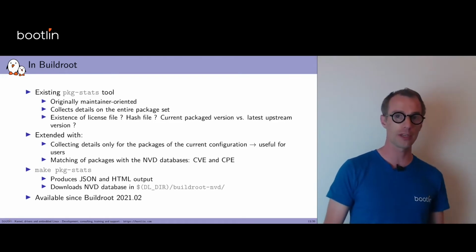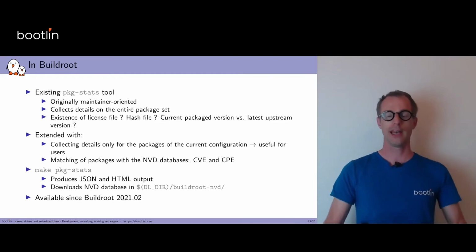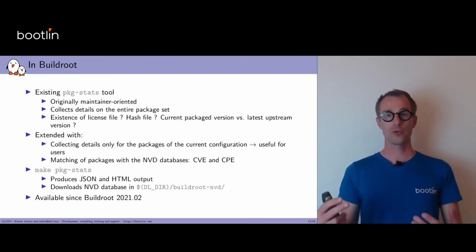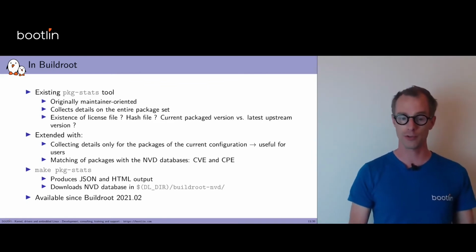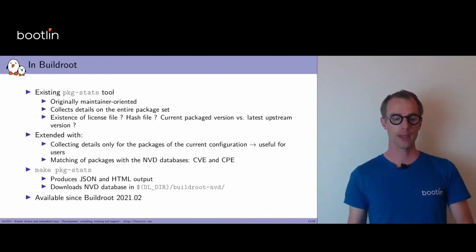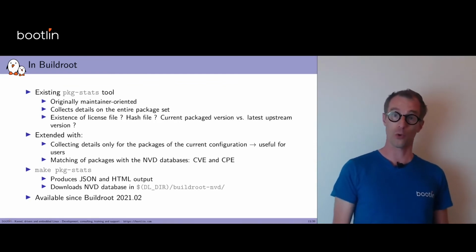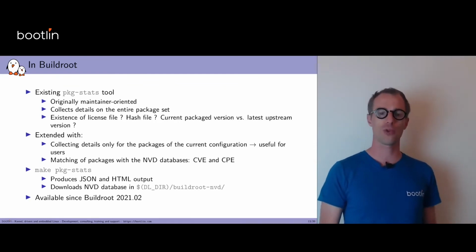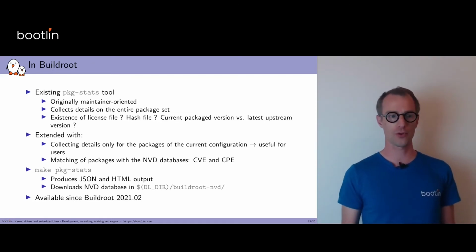It will download the NVD databases and match your packages against the database and produce some results. Those results are available as JSON output for nice and easy parsing by your own custom tooling, or also as a nice HTML page. This tooling is available since Buildroot 2021.02, so it's been relatively freshly introduced, and we hope to extend it further in the future.